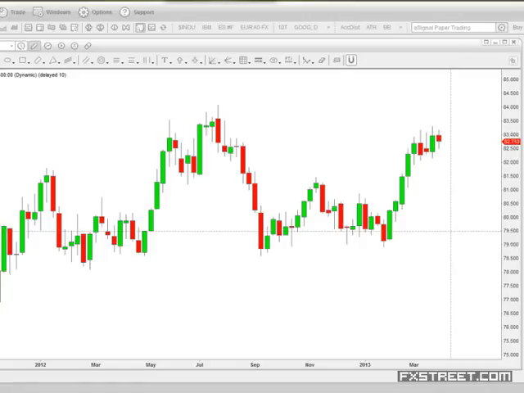We've also got a decent intraday reversal pattern in cable, and also euro dollar is looking exhausted to the downside, to say the least, and we're expecting maybe not a trend reversal in euro dollar, but at least a decent correction to the upside.